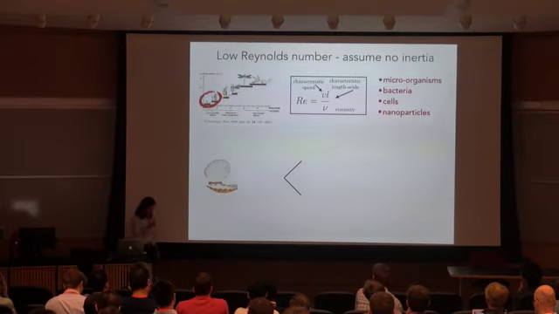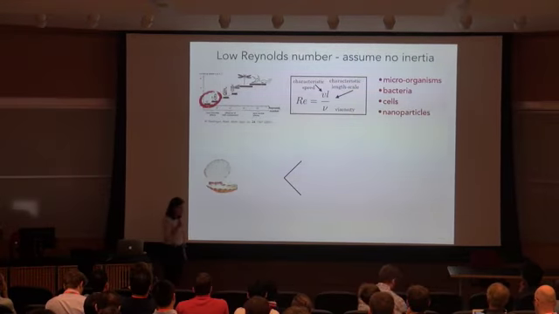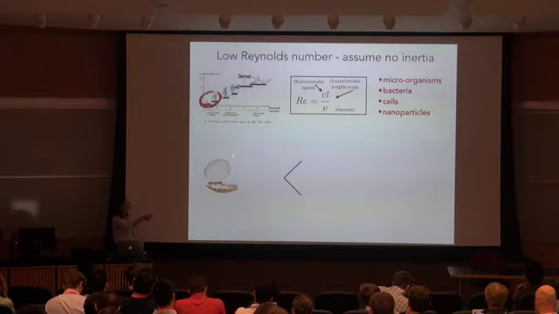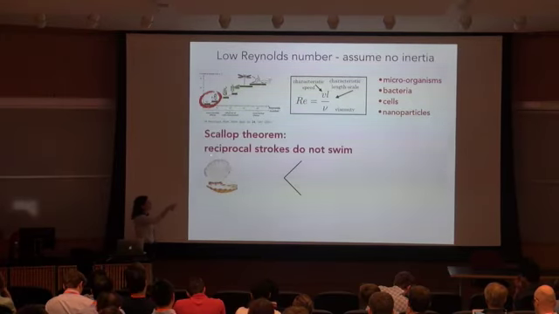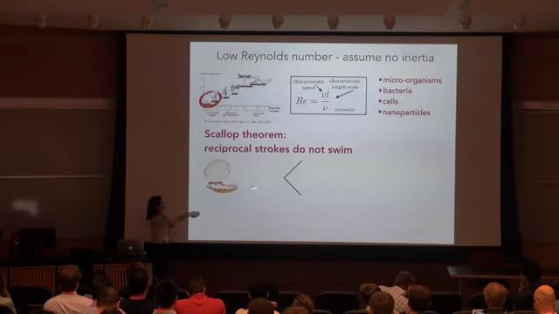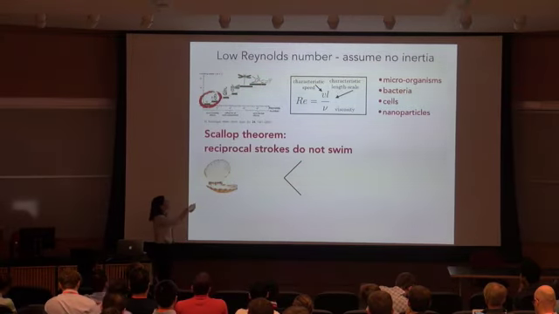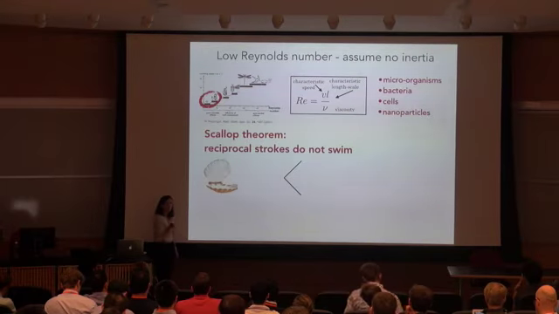If we go back to low Reynolds number, this is the limit that the active matter community has studied mostly. Here we assume there is no inertia, and we have what is called the scallop theorem, which tells us that reciprocal strokes do not swim. This is because there is no inertia.